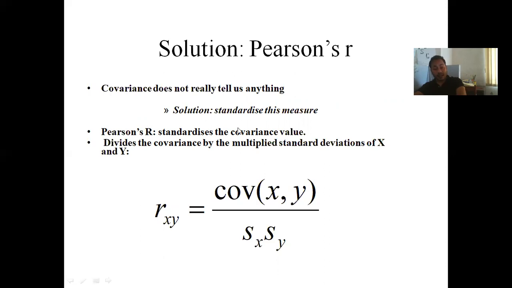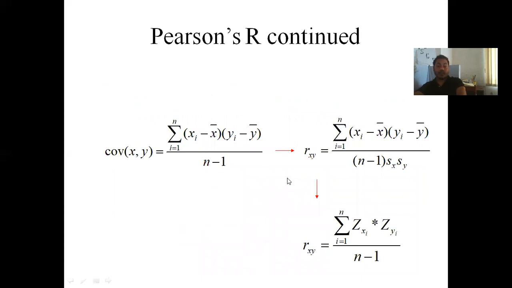This standardizes the covariance value: divide the covariance by the multiplied standard deviations of x and y, and that will give you r. Covariance of xy divided by sx sy gives you rxy. So overall you will get this one.